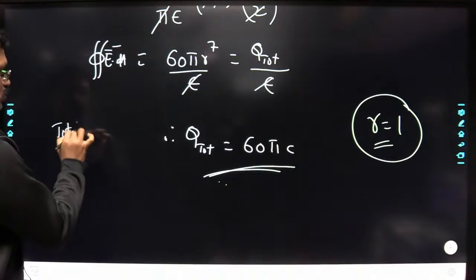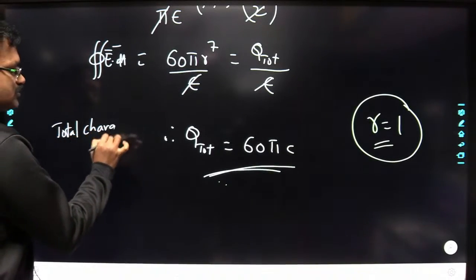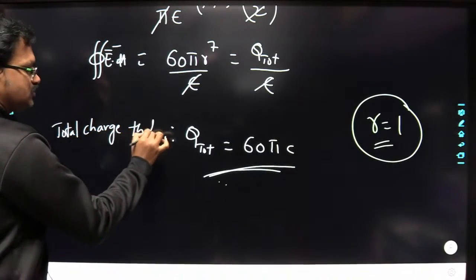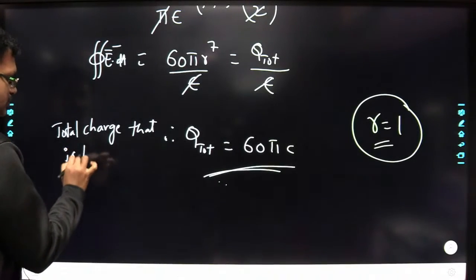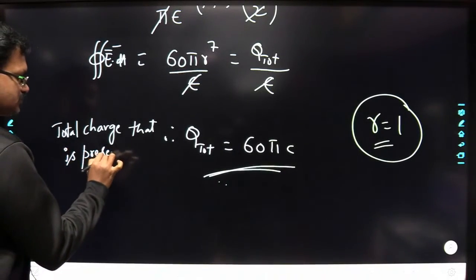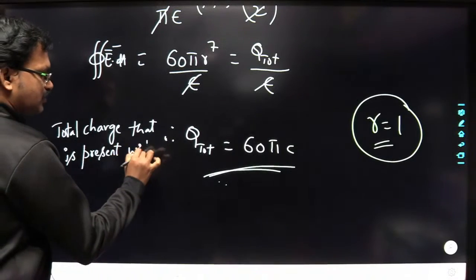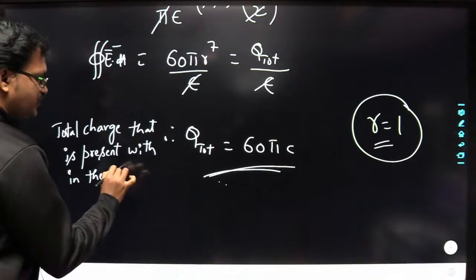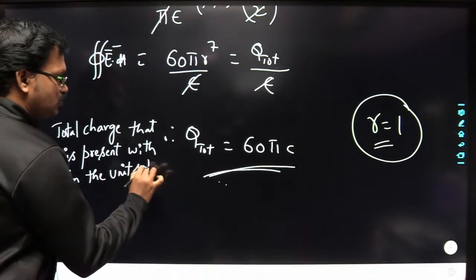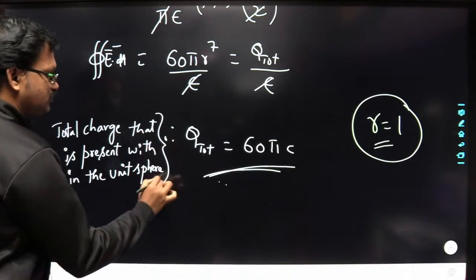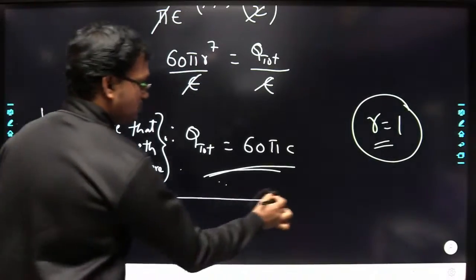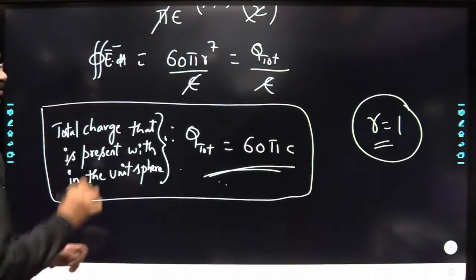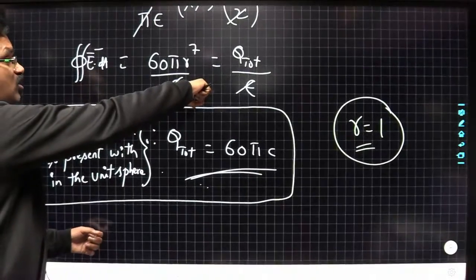This is the total charge that is present within the unit sphere. I hope it is clear here.